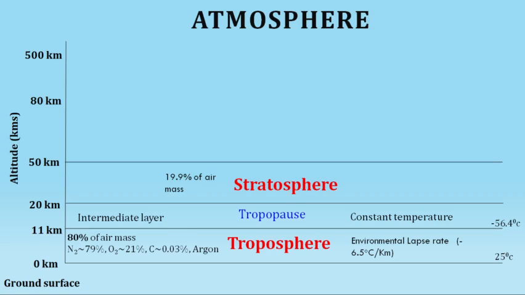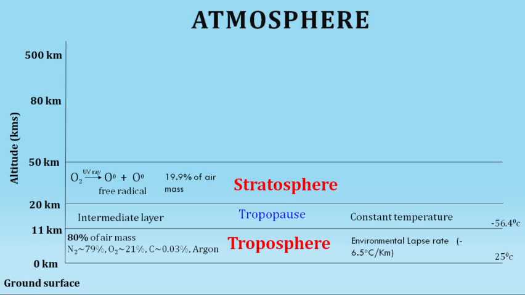So this sums up to 99.9%. So we can say that almost most of the gases are present in these two first layers of atmosphere, which are troposphere and stratosphere. In the stratosphere, the oxygen gas molecules are also present.